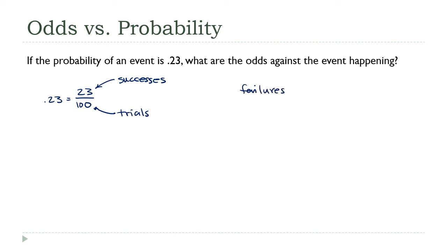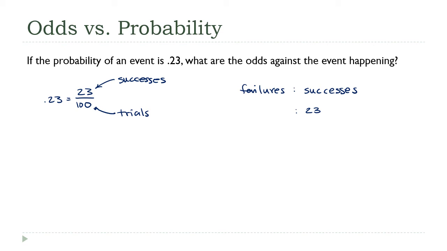Success and failure are kind of technical terms in statistics. They don't have the good versus bad implication that they have in English. When I talk about a success, all that means is I got the thing I was looking for. When I talk about a failure, all that means is I did not get the thing I was looking for. So I need failures to successes. Well, I know the number of successes. That was 23, that's my numerator. How many failures were there?